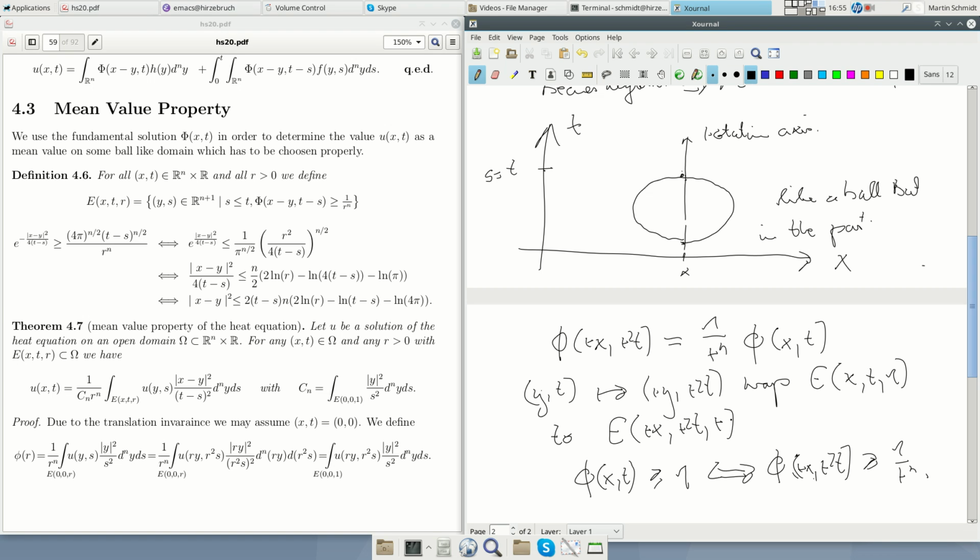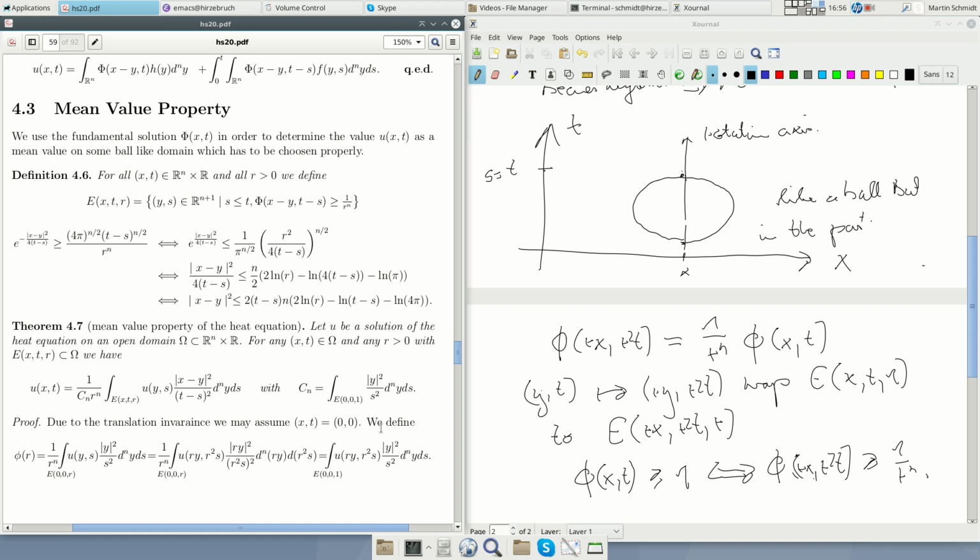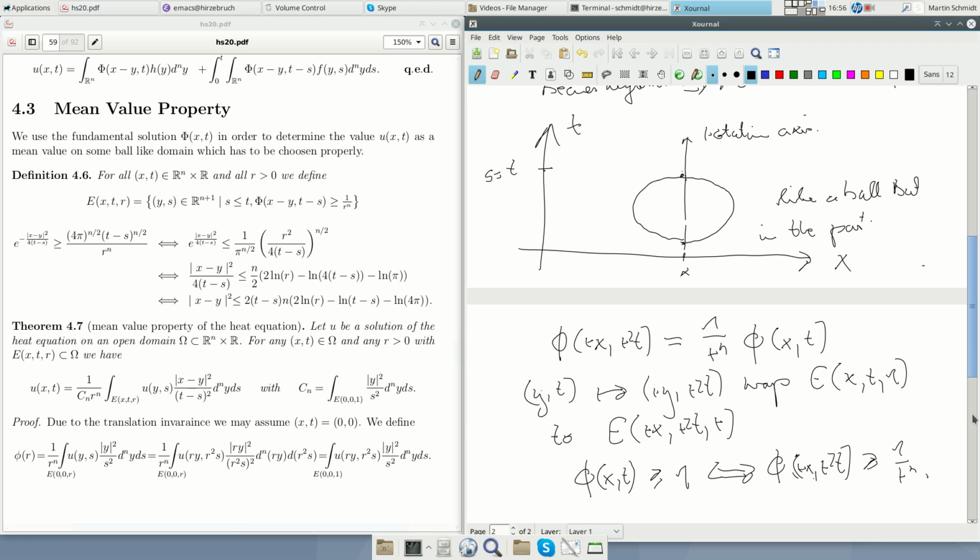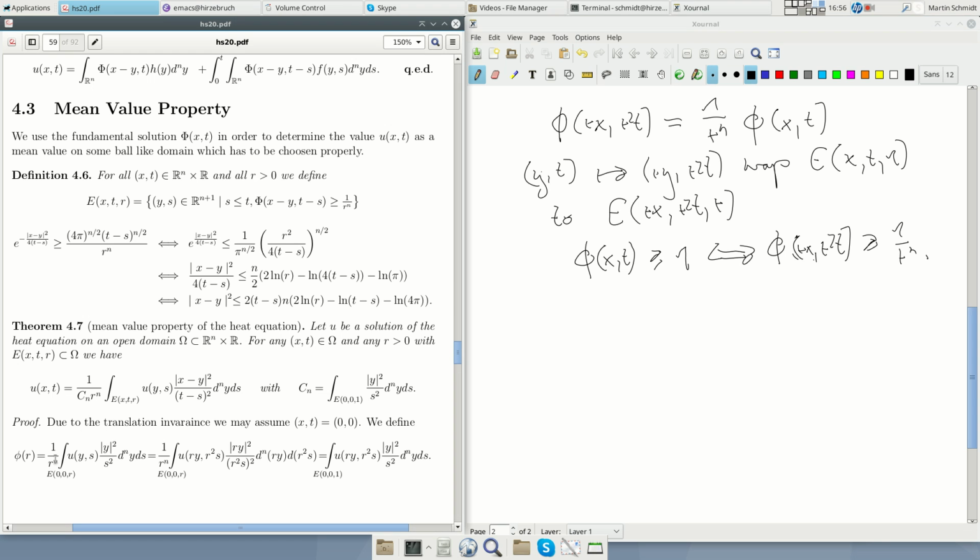So we indeed have this relation, and this means we now use these new coordinates. We first transform this expression, without this constant c_n. We just replace y by r y, s by r squared s, and then we have this formula. This is just a replacement of variables.